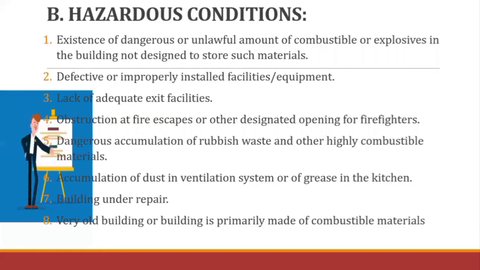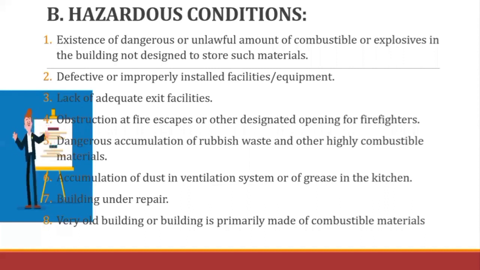Next, we talk about the hazardous conditions. First, existence of dangerous or unlawful amount of combustibles or explosives in a building not designed to store materials. Defective or improperly installed facilities or equipment that we already talked about, for example, the accidental wiring.